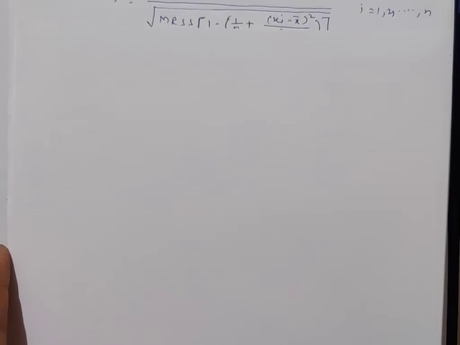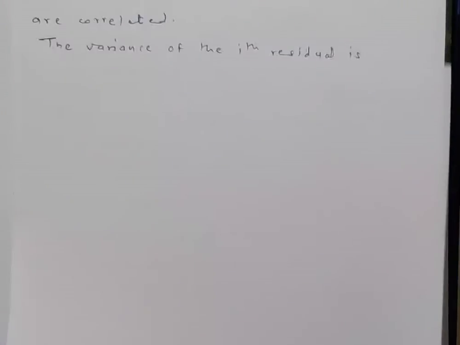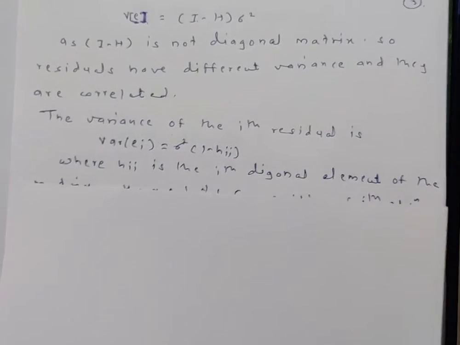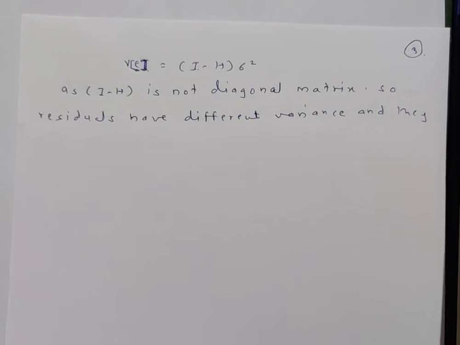Note that variance of e is equal to (I minus H) sigma square.